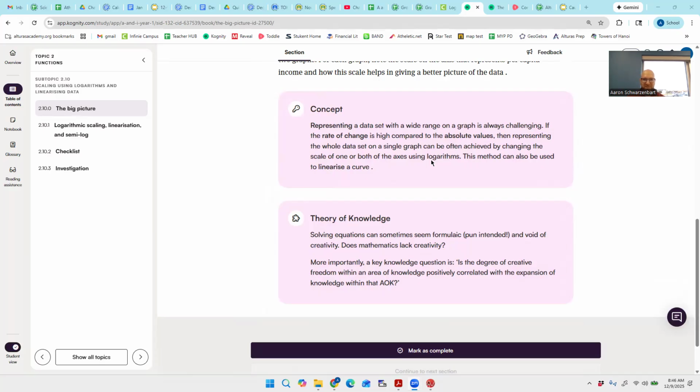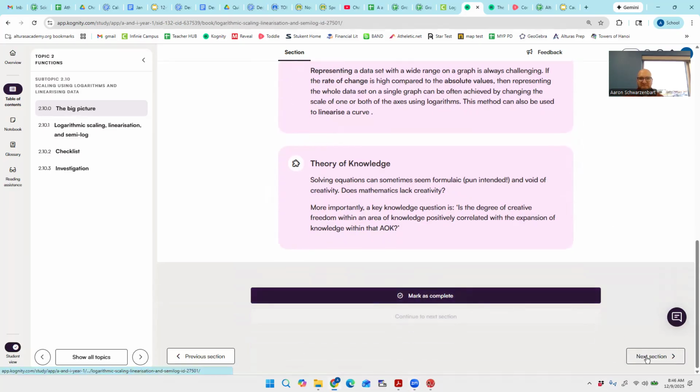And yes, creativity is often positively correlated with the expansion of knowledge. So, how and when to do this? Anytime it tells you is when.